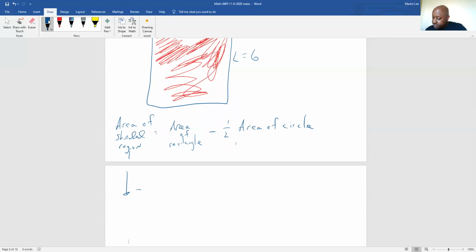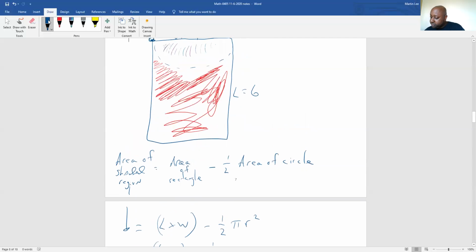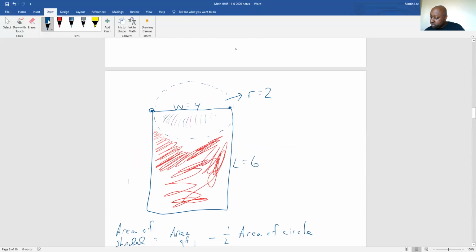So now the area of the shaded region equals area of the rectangle, which is length times width, minus 1/2 pi r squared. So now that equals area of the rectangle is 6 times 4, and then minus 1/2 times pi times 2 squared.